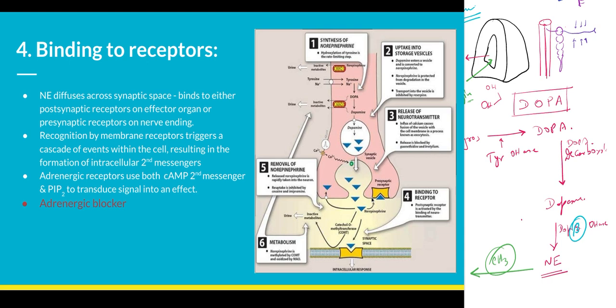Then there will be cyclic AMP formation, or there can be some situation where phosphatidylinositol diphosphate, PIP2, breaks down into IP3 and DAG. You remember that we discussed that also. One mechanism was the cyclic AMP mechanism, one mechanism was the IP3 DAG mechanism. Two separate mechanisms were there, if you remember. So those mechanisms will get activated.